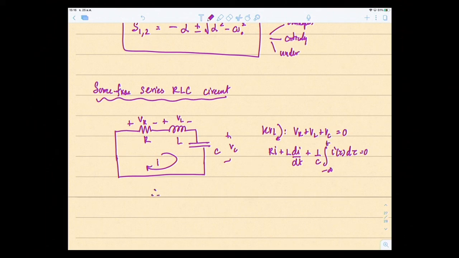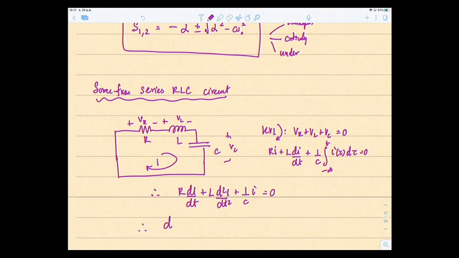Therefore, differentiate everything and you get R di/dt plus L d squared I/dt squared plus 1 over C I equal to 0. No source, so equal to 0.